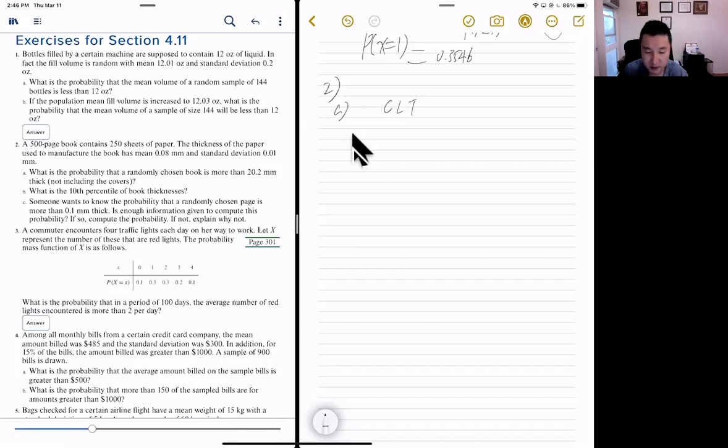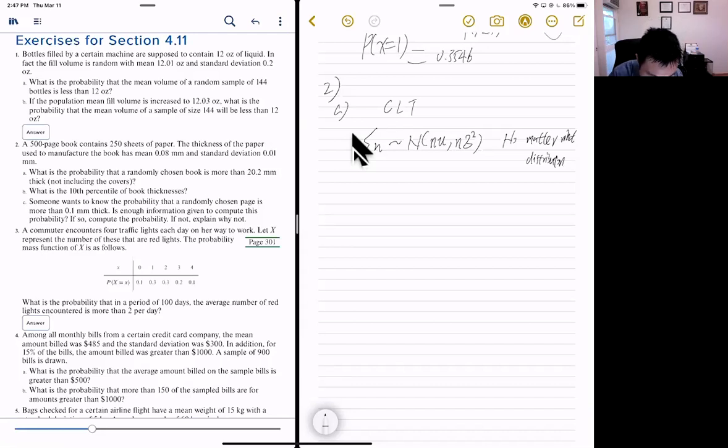One of these conditions is the sum of n items added together follows a normal distribution with mean n mu and variance n sigma squared, no matter what type of distribution the items follow, if n is large enough.